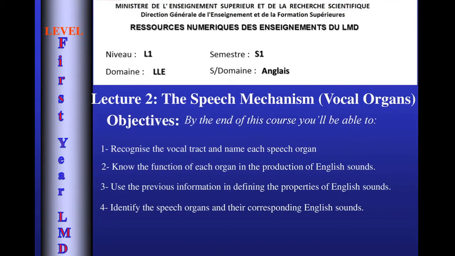As you know, in our daily use of language, we can recognize and produce a wide variety of sounds, and those sounds are controlled by the brain. The brain sends a message to the organs in order to produce certain sounds according to our needs. So, our linguistic knowledge allows us to produce a wide variety of sounds, and we can differentiate the non-linguistic sounds that are not part of our language.